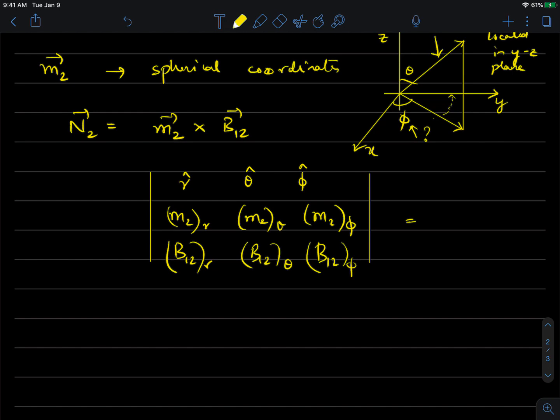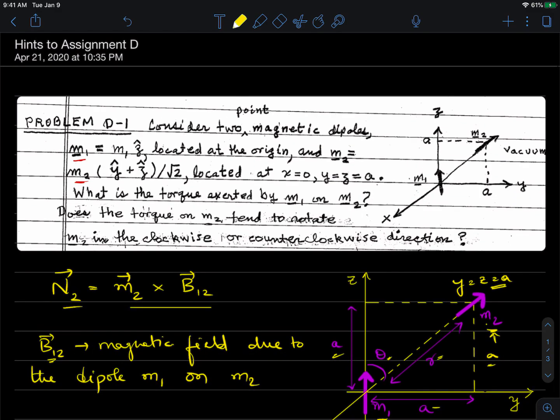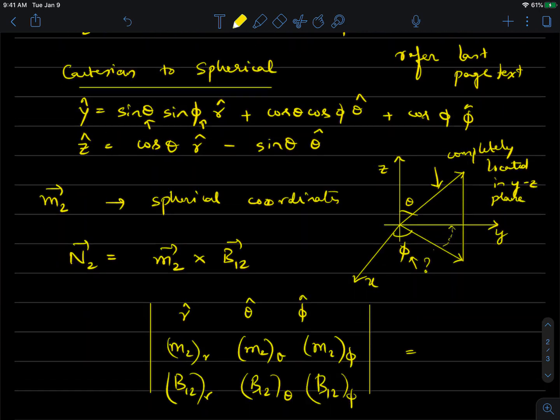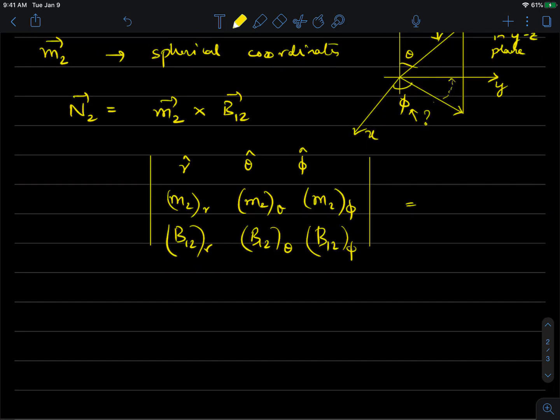You can answer that question once you find the direction of the torque.